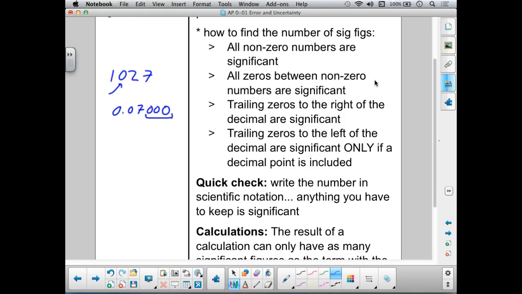Trailing zeros to the left of the decimal are significant only if a decimal point is included. And I give you an example here. Let's say I have 700, but there's no decimal point included. I don't actually have that much precision in that measurement. I only have one significant figure. The only significant figure in this case is the 7. Because I haven't put a decimal, I don't know, did I measure something on a scale that's only in hundreds?